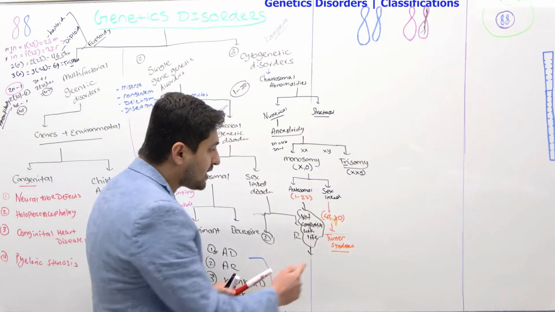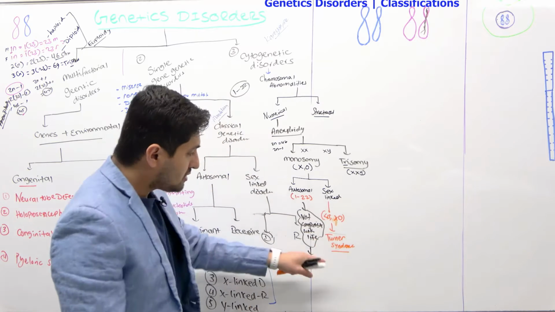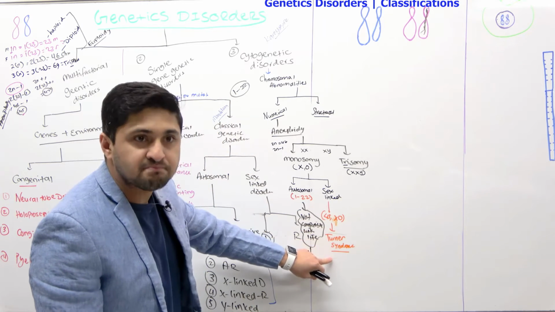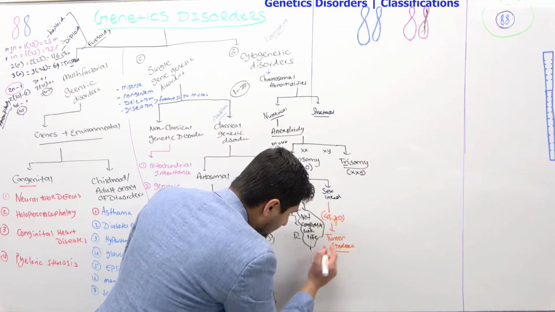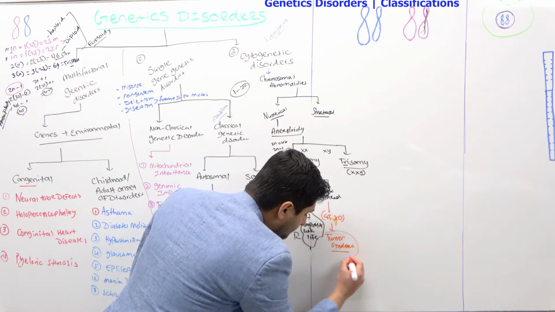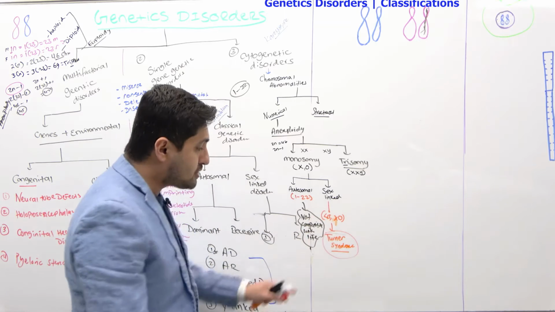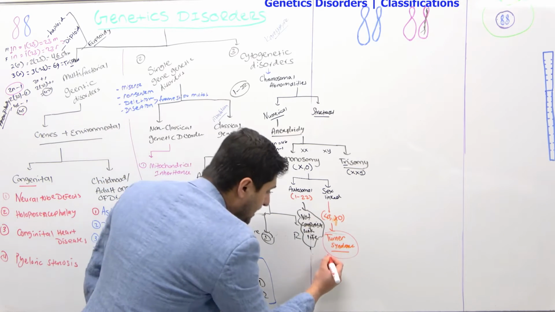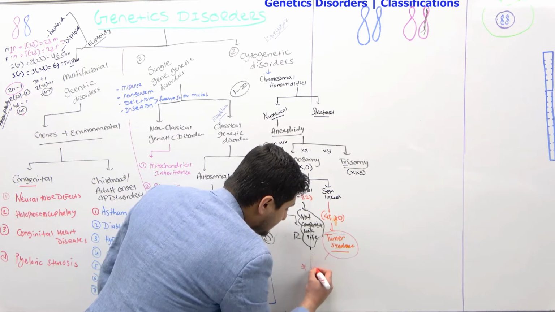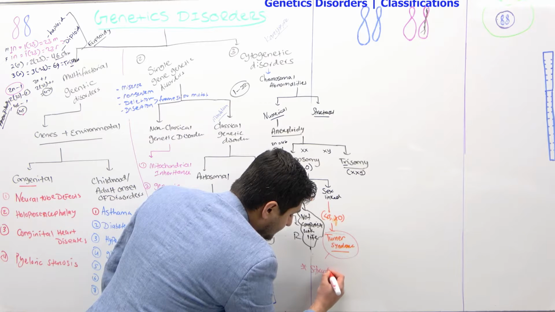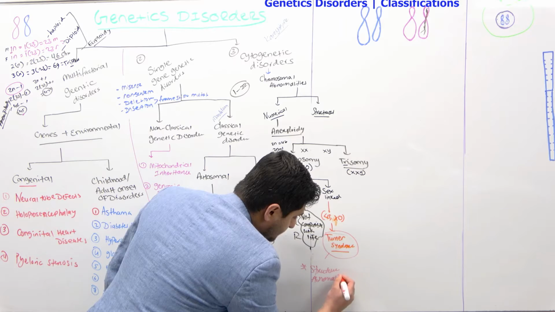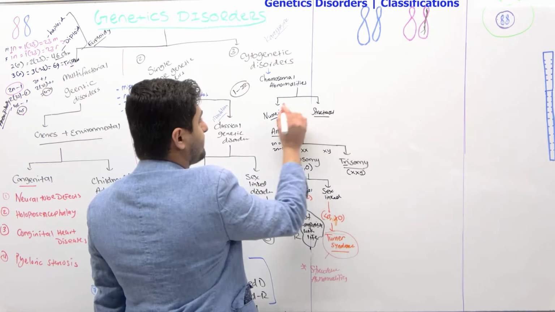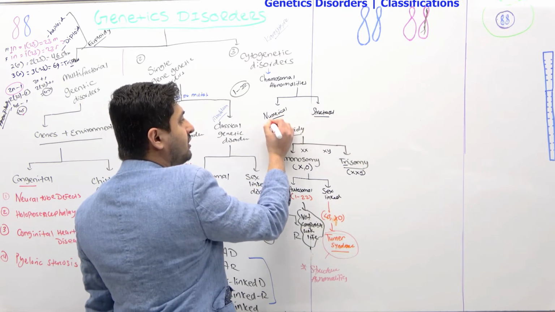Everybody knows that there's a numerical defect in Turner syndrome, but some students also know that Turner syndrome, not only can it be caused by numerical, but sometimes it can also be caused by structural abnormalities.